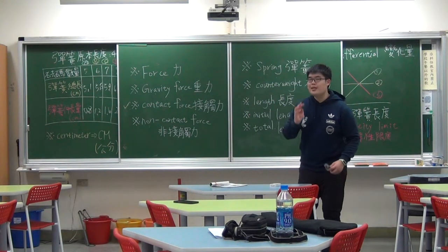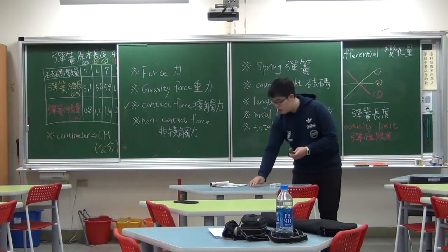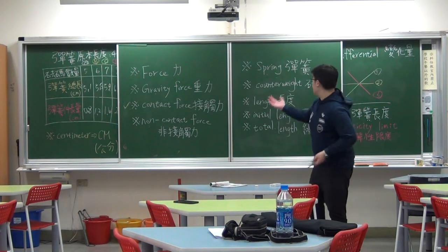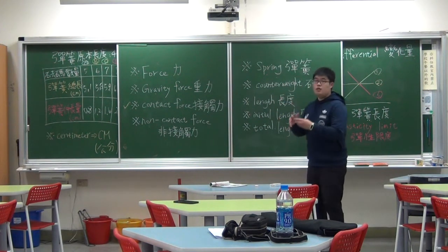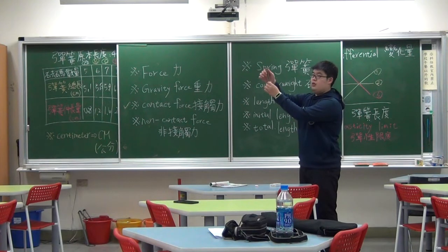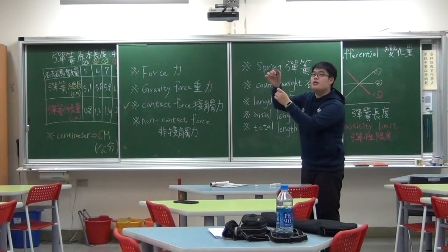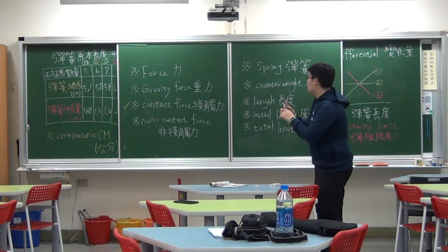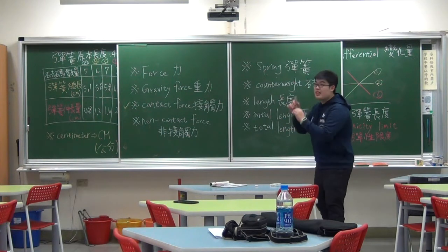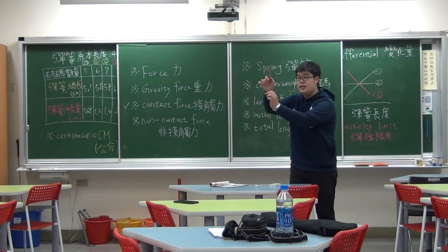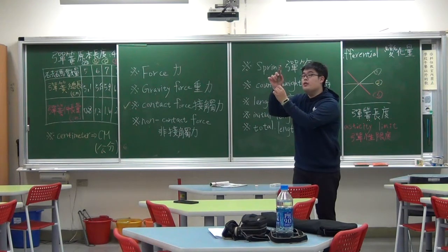Now the question is, if there are a lot of counterweights, like here, can the length of the spring increase unlimited? One more time, if we put a lot of counterweights on it like this, is the length of the spring unlimited?